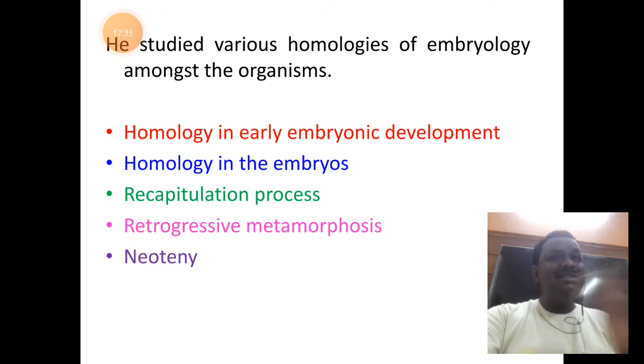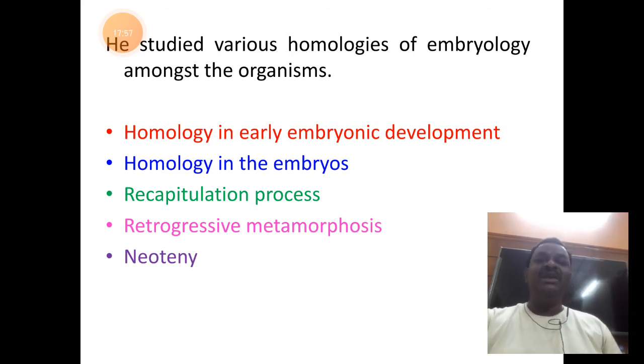There is a list of homologies of embryos which are as follows. The first one is homology in early embryonic development. The second one is homology in late embryonic development. The third one is the recapitulation process. The fourth one is retrogressive metamorphosis, and the fifth one is neoteny.